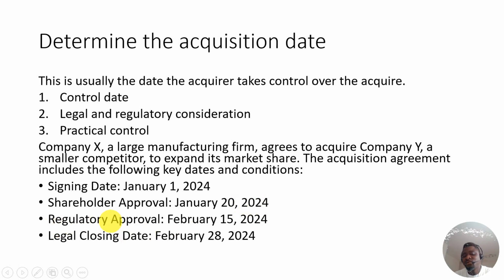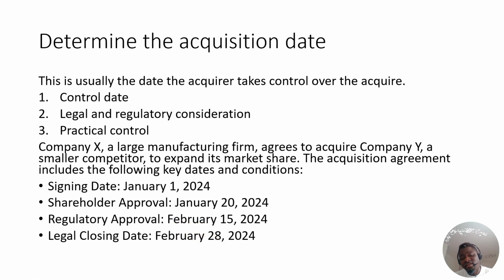Another date is regulatory approval, maybe seeking approval from the government or the Securities and Exchange Commission, depending on the jurisdiction of the entities in the acquisition. So it says February 15, 2024. This is the regulatory approval. And the legal closing date, which is closing the legal agreement and all regulatory approvals, is February 28, 2024.